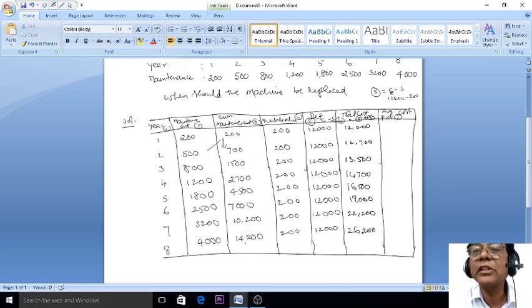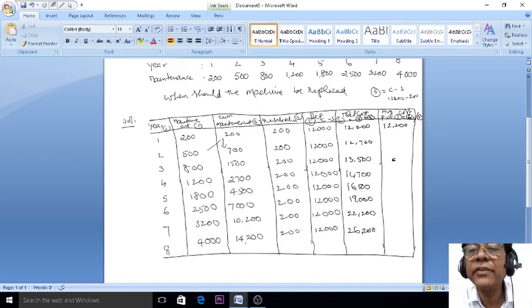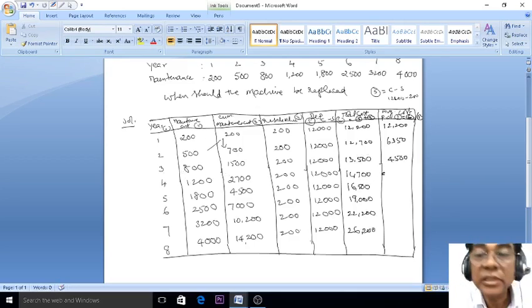So come to the seventh column, average cost per annum. Seventh equals sixth column divided by first column value. First column value is nothing but year. So 12,200 divided by 1 is 12,200. 12,700 divided by 2 is 6,350. 13,500 divided by 3 is 4,500. Like this, 3,675.